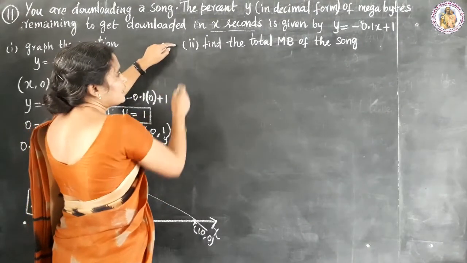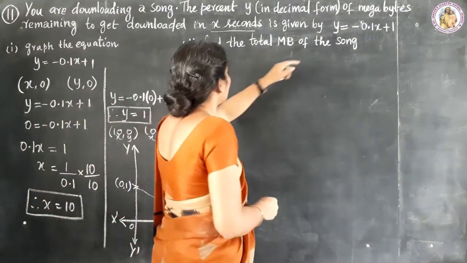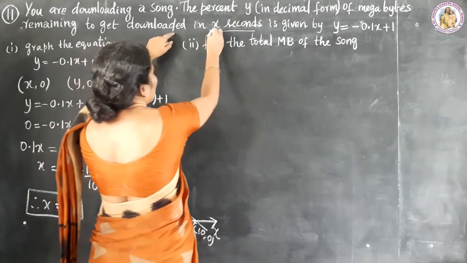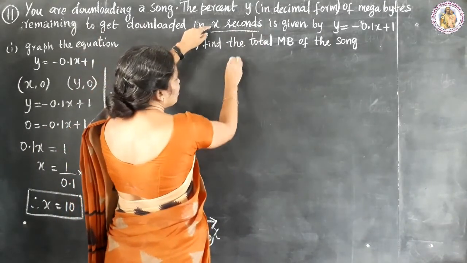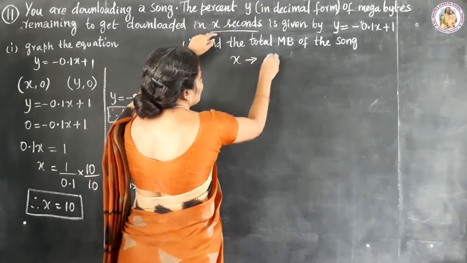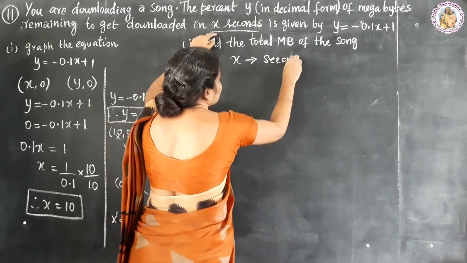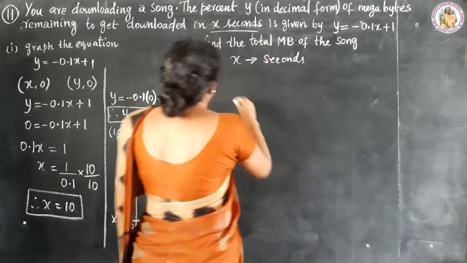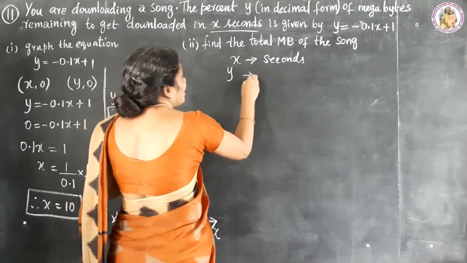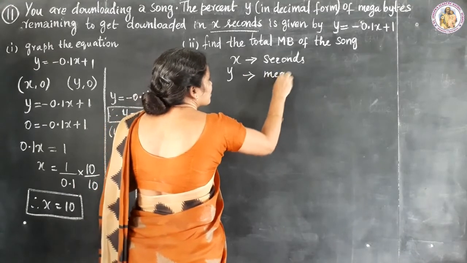Question number 2. Find the total MB of the song. Now here it is given as remaining to get downloaded in x seconds. So x is in seconds and y is in megabytes.